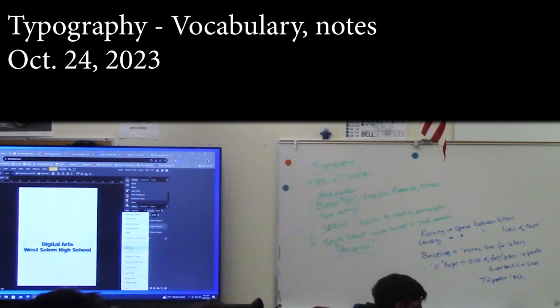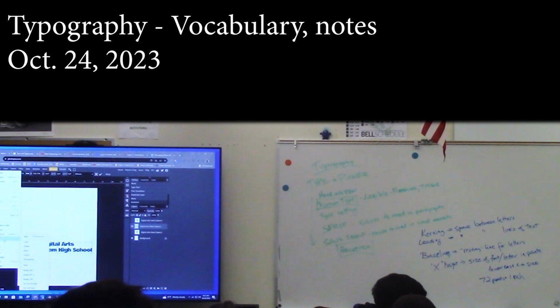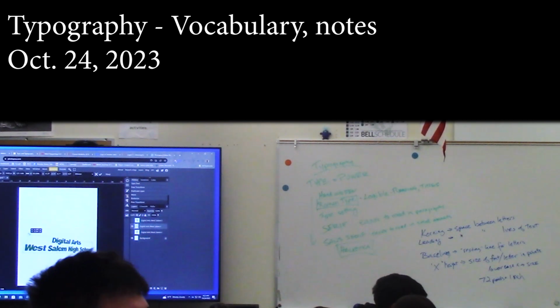rasterize the layer so that it's no longer a text box. It's like a shape. So now when I come under Edit and Transform, I have more options. I have my warp option down here. I've got perspective and distort and skew, all kinds of cool things, and I can have fun with it that way.